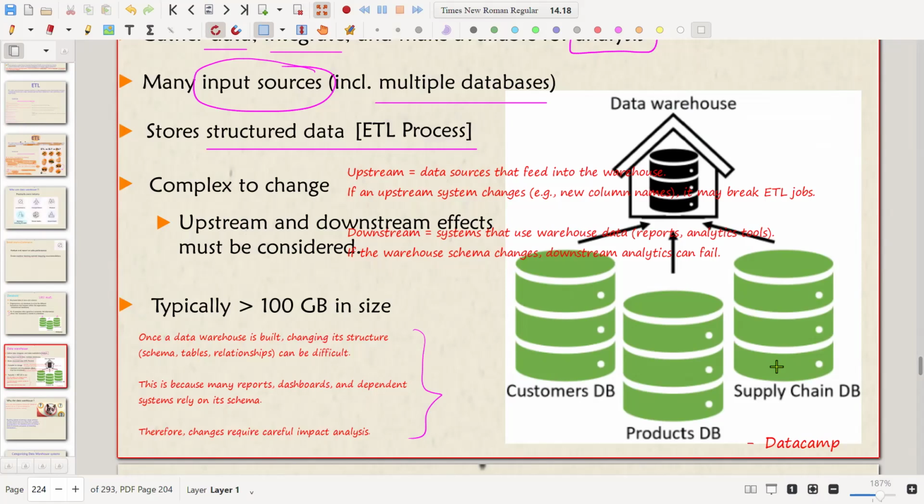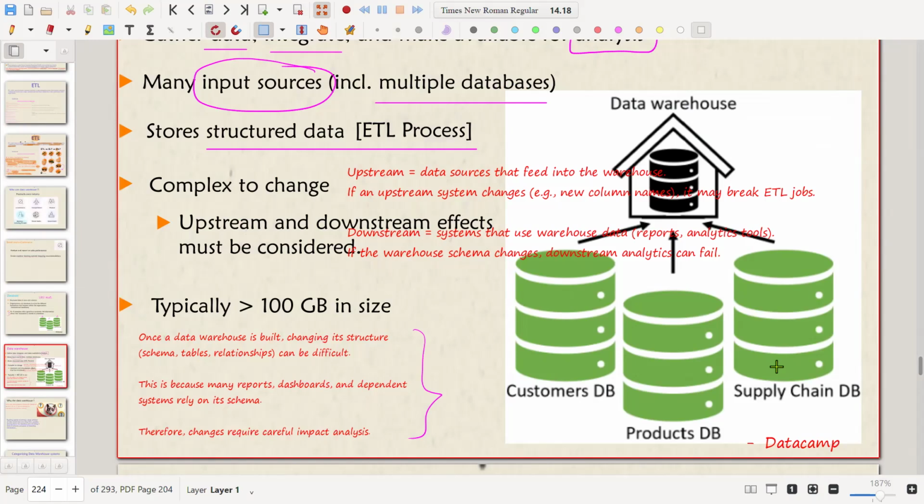Downstream is nothing but systems that use the warehouse data. You can see them as a forward and backward direction kind of analogy, right? So it is upstream and downstream. But if you change the upstream, the way you upload the data, then you have to change some rows or some columns. If you do that, then it is a bit of a bad practice for a data warehouse.